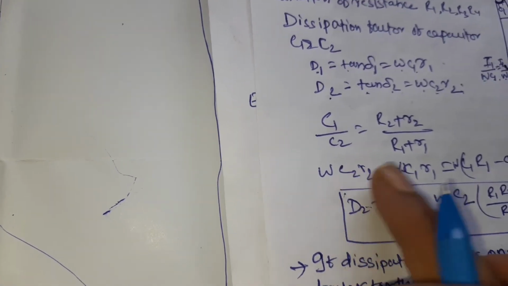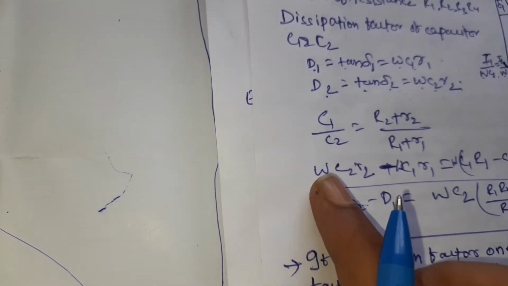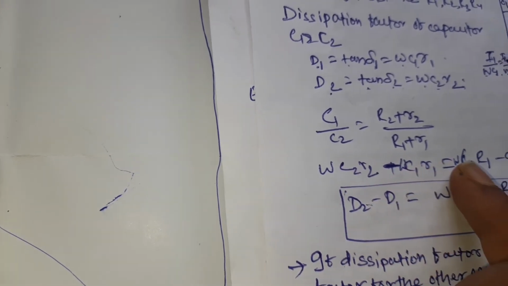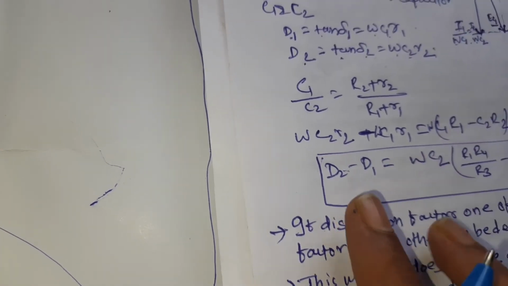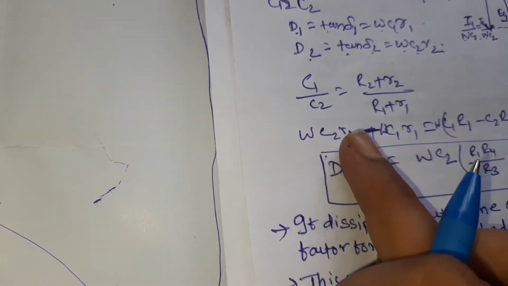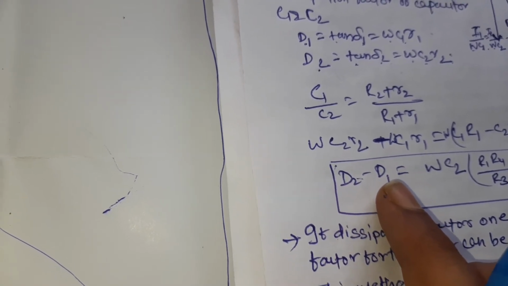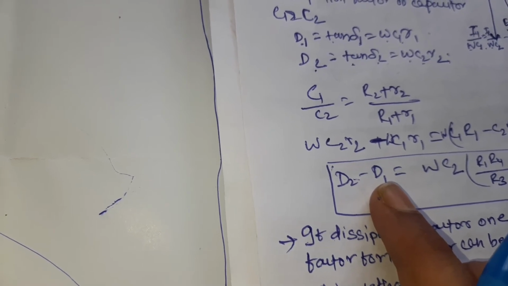If you cross multiply and multiply with omega, then omega C2 into R2 minus omega C1 into R1 is equal to omega C1 into R1 minus C2 into R2. So omega C2 into R2 is the dissipation factor of capacitor C2, and omega C1 into R1 is the dissipation factor of capacitor C1.